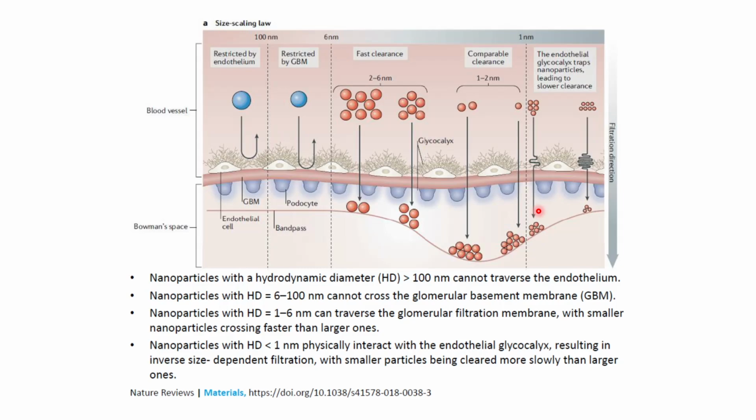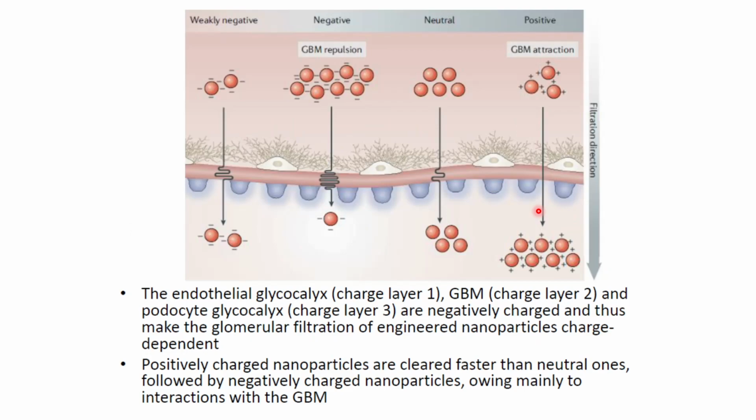Now let's see what happens when your particles are charged. In case of charge, all of these layers, this glycocalyx, this GBM layer, the glycocalyx below these, the GBM, everything is negatively charged in the body. Now, if you have particles that are very highly negatively charged, negative will repel negative and your particles will not be cleared out at a very fast rate.